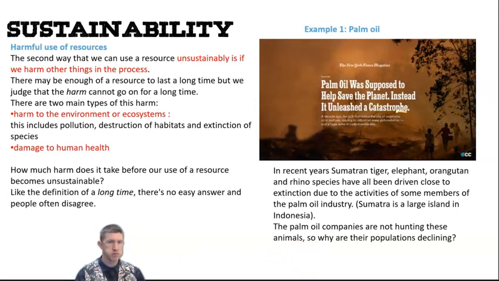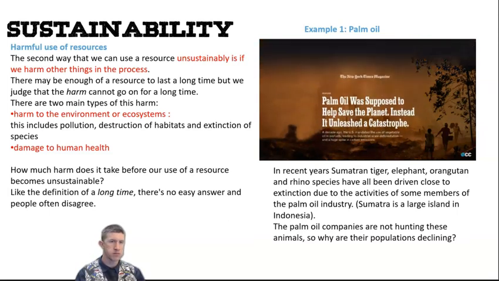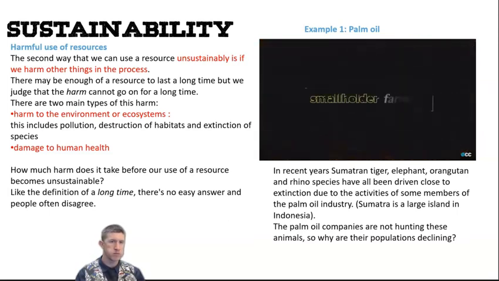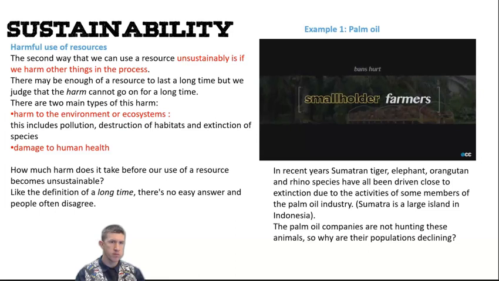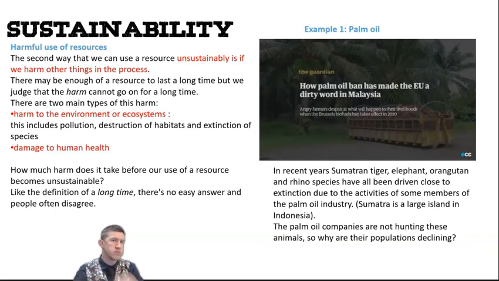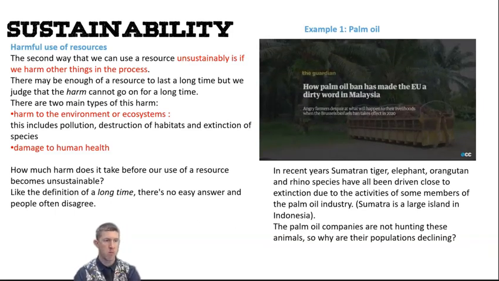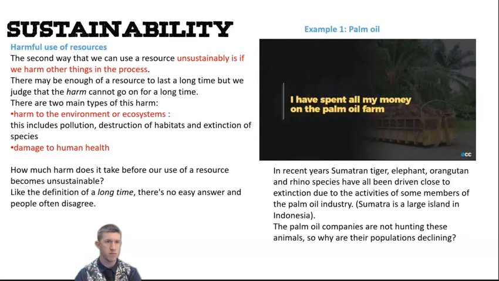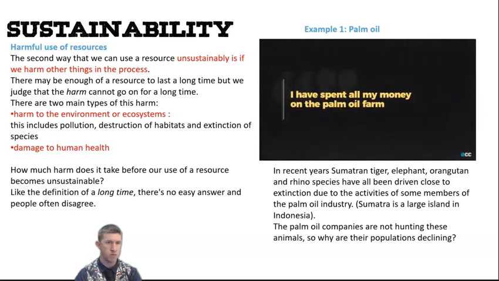While this is a step forward in slowing the boom of slash-and-burn oil palm plantations in Southeast Asia, it also means a strong blow to smallholder farmers reliant on the expanding palm oil industry. The Guardian interviewed 66-year-old oil palm farmer Hussein Mohammed, who decried the EU's choice to draw down their consumption of palm oil biofuels. He says, "I have spent all my money on the palm oil farm.